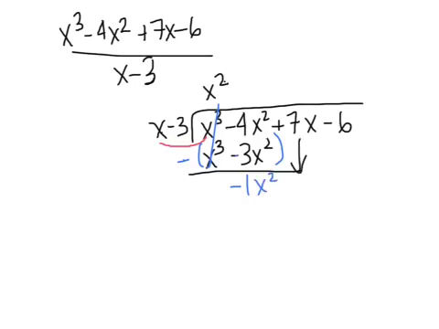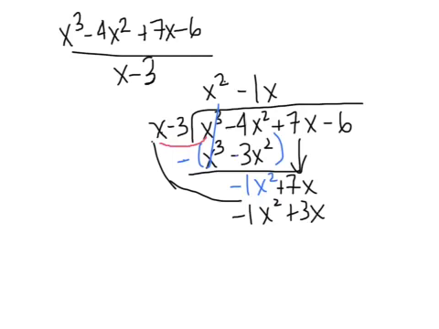Bring down the 7x, which is positive. Now we want to check how many times does x go into negative 1x squared. That would be negative 1x times. Again, we're subtracting that whole thing, which is going to cause these guys to cancel.